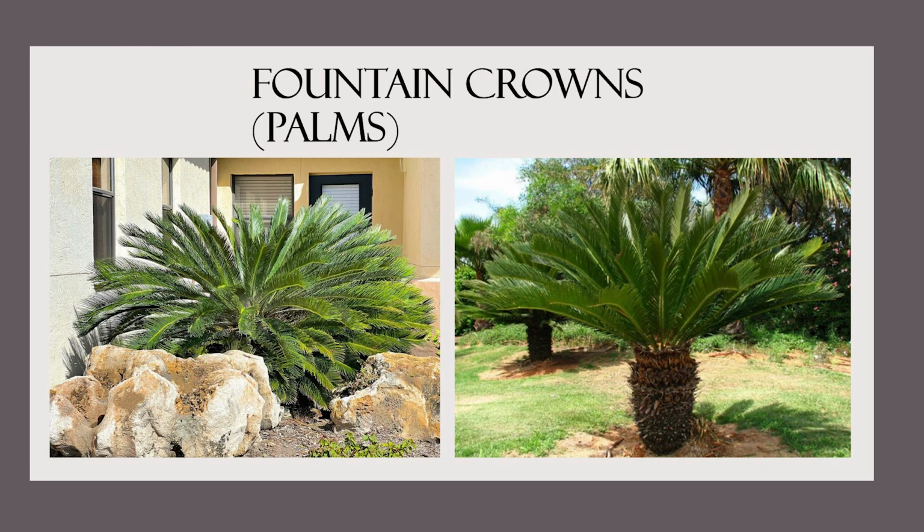Last one. Okay, we're finally getting to the end here. Fountain crowns. This is showing the lower growing, more the kind of a shrub form or a small tree. These are the sago palms. And you can see it either just comes right out of the ground as a fountain, or it has a small trunk on it. You see these a lot in more tropical areas, subtropical zones.